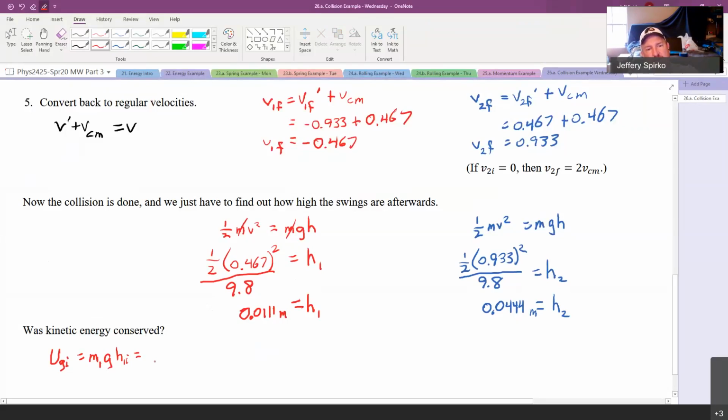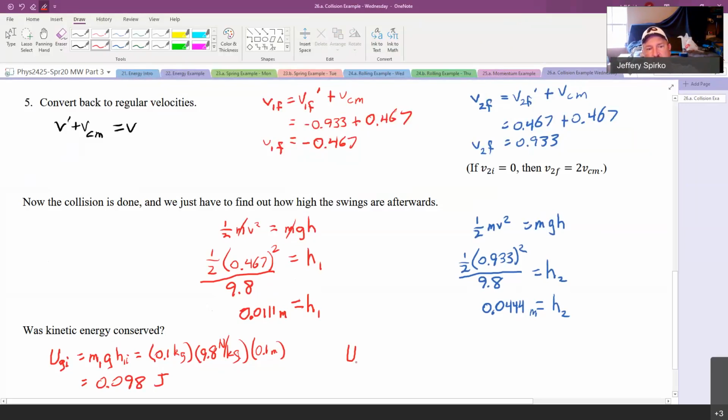So that was 0.1 kilograms times 9.8 per kilogram times 10 centimeters, which is 0.1 meters, is 0.098 joules. So if we have 0.098 joules after the collision, then we've conserved kinetic energy during the collision.